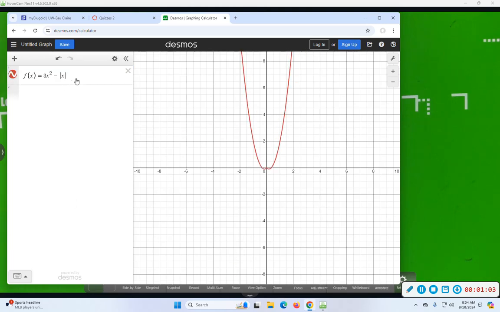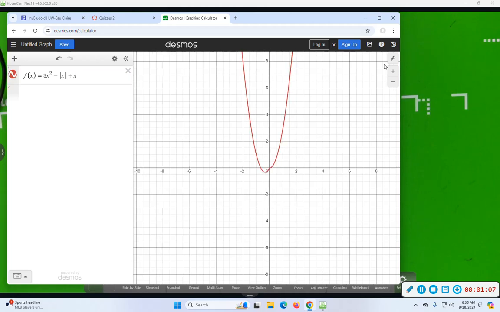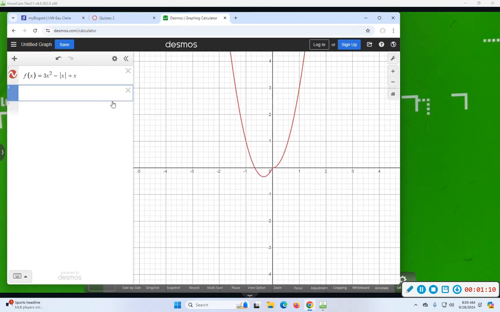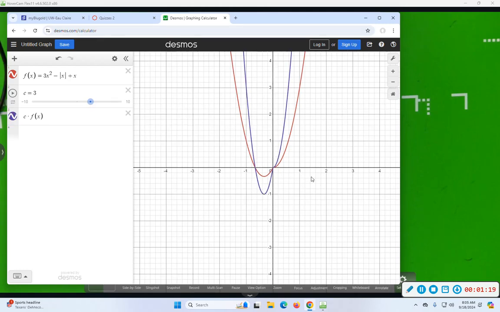There's some function f of x, let's set a constant 3. How does the purple graph compare with the red graph? Vertical stretch of 3. Yeah, vertical stretch. All the y values are multiplied by 3. And that 3 is, of course, because that constant is 3.